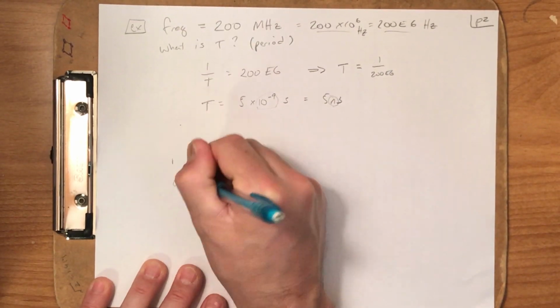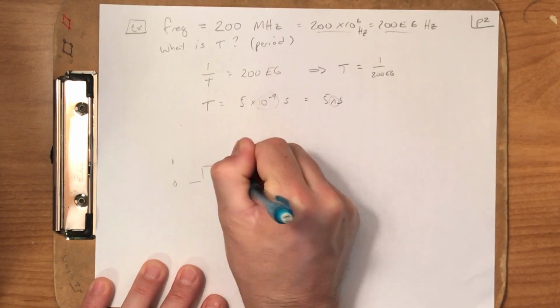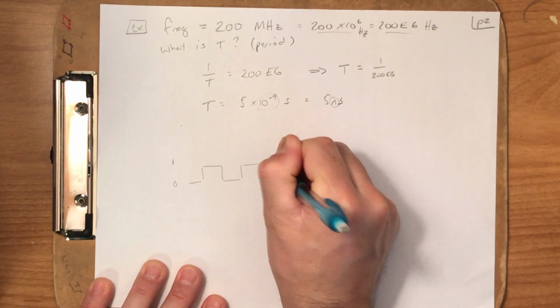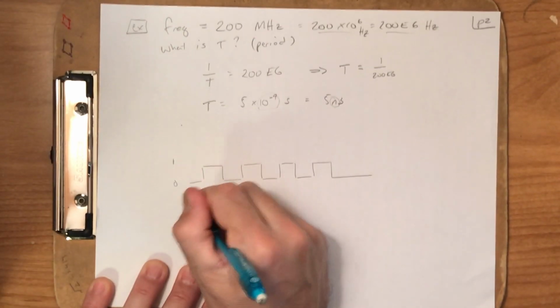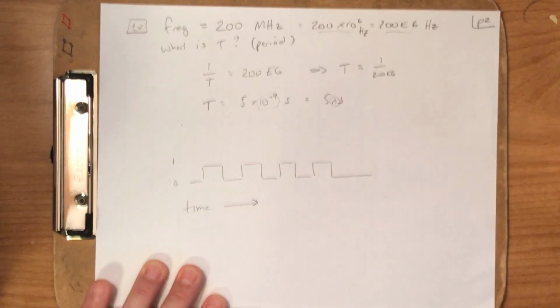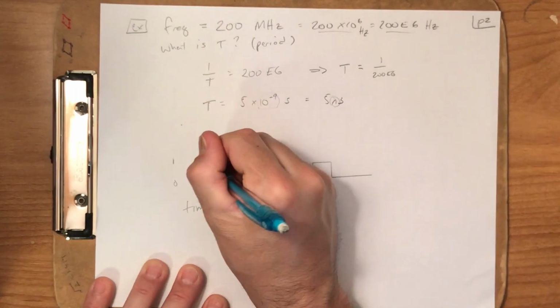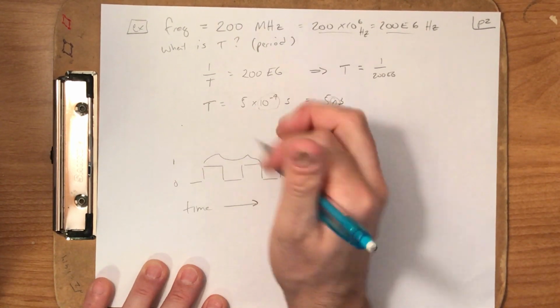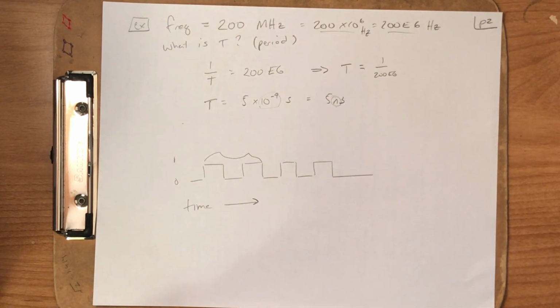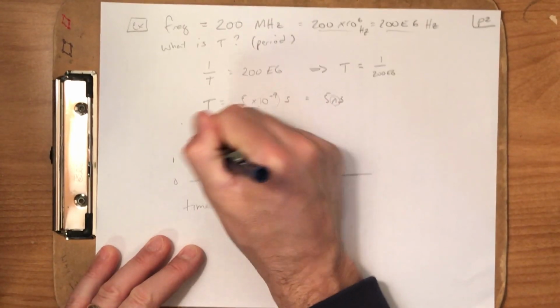So here's time on this axis. What we've just calculated is right here. Excuse me, that's a typo, and that's drawn very poorly.